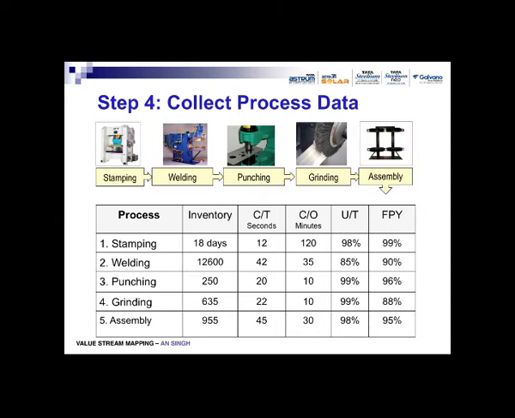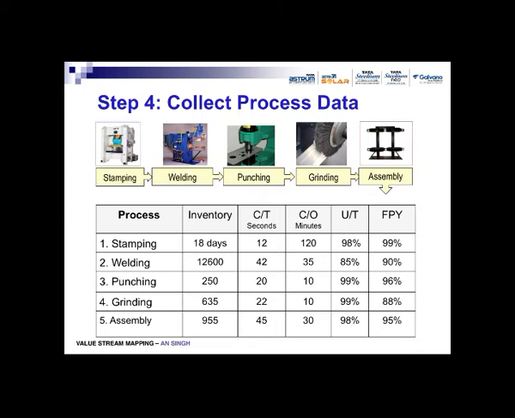Welding 35 minutes, punching changeover time is 10 minutes, grinding changeover is 10 minutes, and assembly changeover time is 30 minutes. Because for the changeover, a lot of tools, dies, jigs, and fixtures need to be changed, and the machine has to be reset. So this is the time collected.